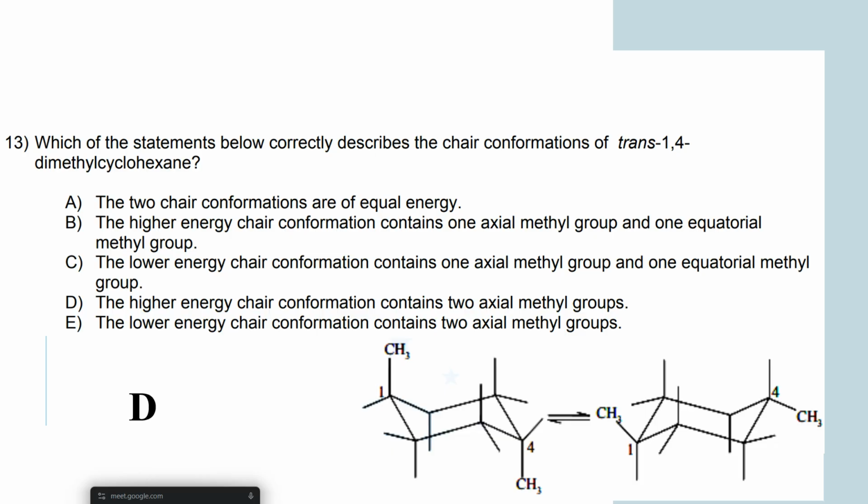Hence, out of these two possible conformations, the second one will be the more stable one, as both the methyls are equatorial, whereas the first conformation will be the unstable one, because both the methyl groups are occupying axial positions, and hence both of these will independently have 1,3-diaxial interactions.